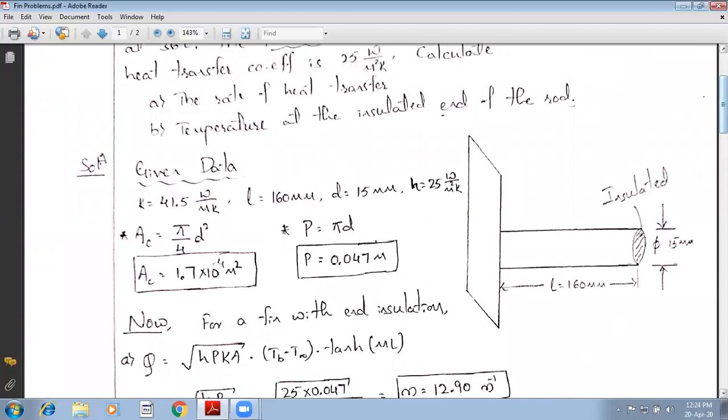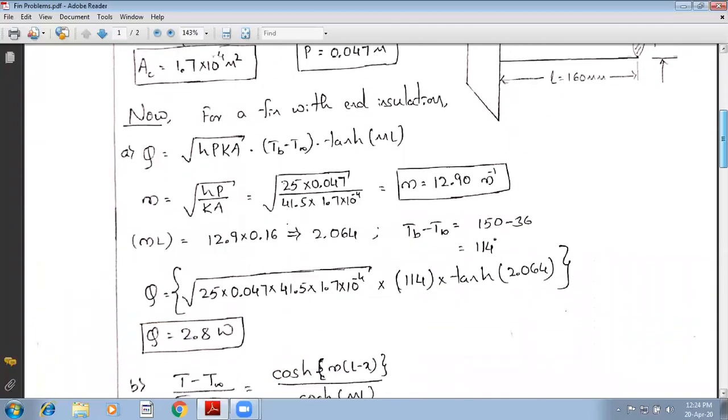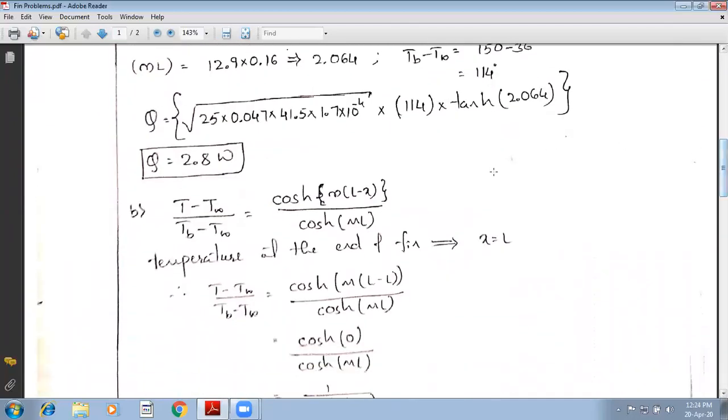Again from the data handbook, if you refer to the temperature distribution for a short fin with end insulation, you will have (T minus T infinity) divided by (TB minus T infinity) equals cosh m(L minus x) divided by cosh mL. So this is the temperature distribution expression for the short fin with end insulation.